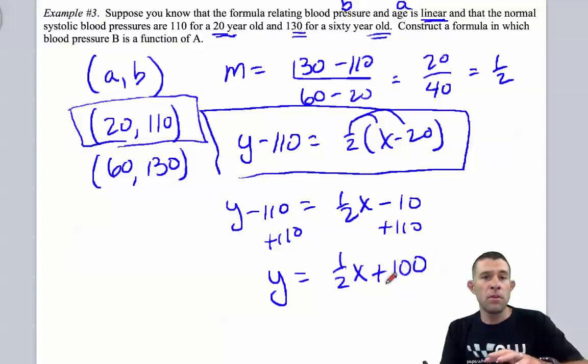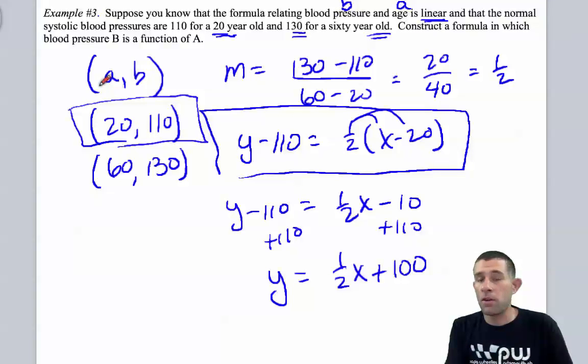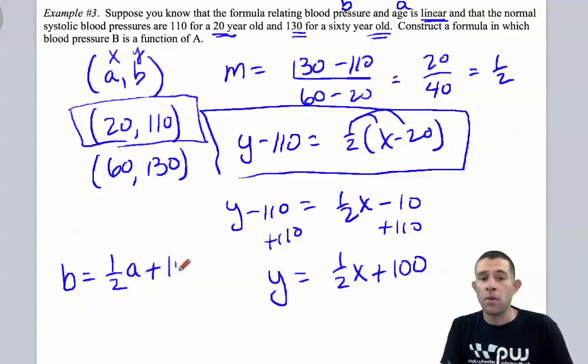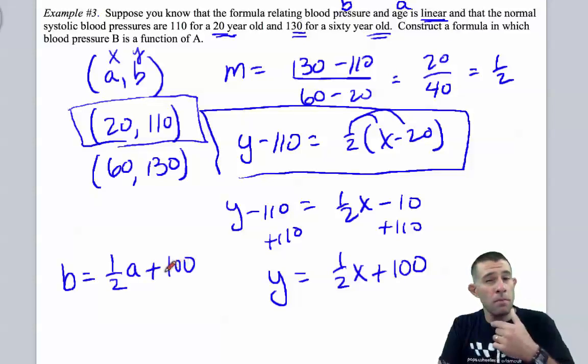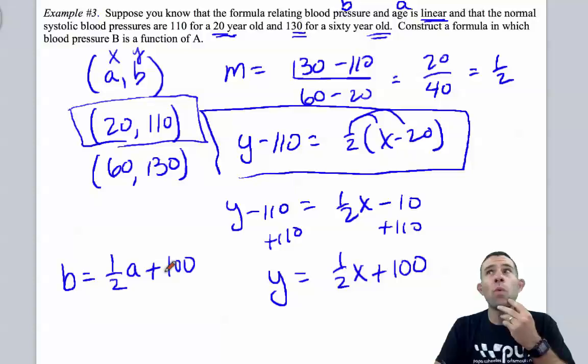Now let's again rewrite this just in terms of our variables a and b. A represents our x and b represents our y. So our blood pressure should be equal to 1/2 our age plus 100, which makes my blood pressure right now about 121. How old am I?